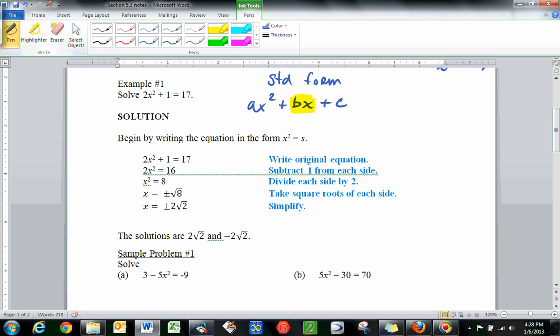So the fact that we had a trinomial here with a bx term allowed us to factor in most cases. What you're going to find is whenever we do not have a bx term, square roots may work better.